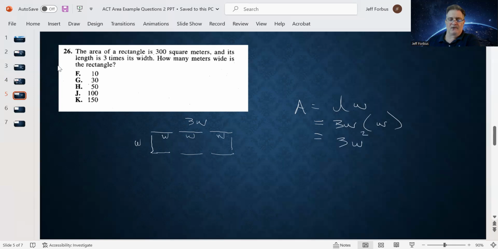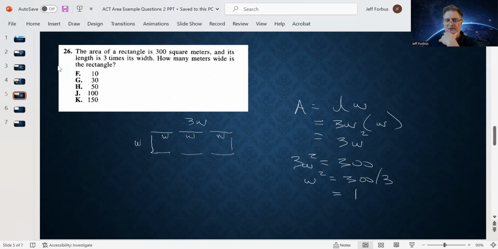Now the area total was, what was it? 300, right? Okay. So let's set this 3W squared equal to 300. We're going to divide by 3. That's going to leave us the width squared. 300 divided by 3.